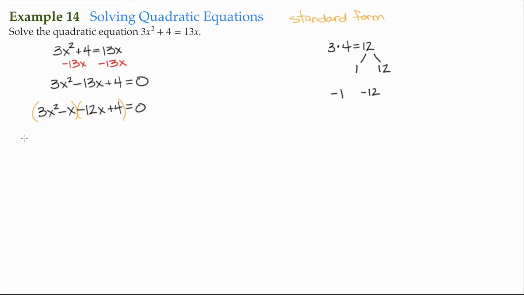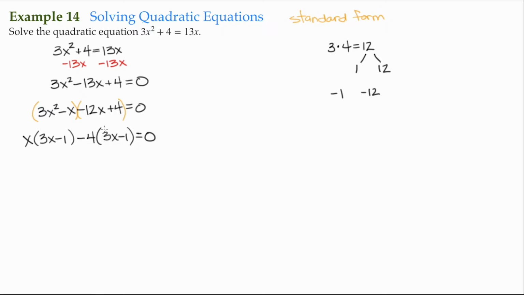We can factor out an x. That'll leave us with 3x minus 1. X times 3x, that's 3x squared. And x times negative 1, that's a negative x. And then we could probably factor out a negative 4. 3x minus 1. And of course, we're trying to come up with a common term again.